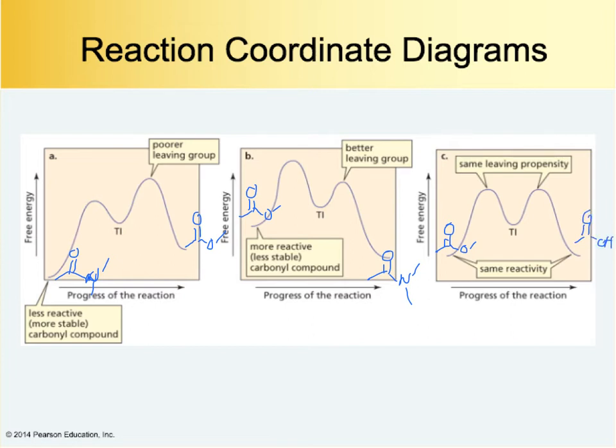Amides are more stable, a worse leaving group than an ester, so it'd be an uphill process, poor leaving group. Nitrogen would be a bad leaving group. Again, an ester to an amide would be a downhill process. Esters are more reactive, with a better leaving group than an amide. Then an ester and a carboxylic acid are about the same. An OH minus and an OMe minus have about the same reactivity.